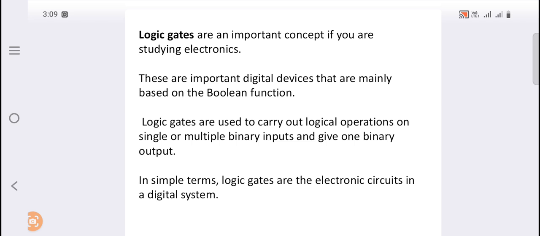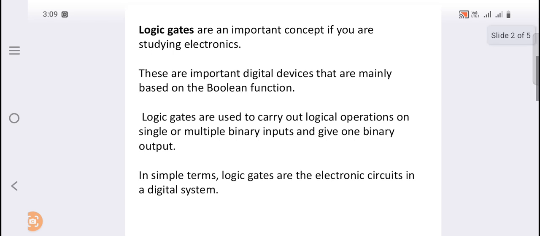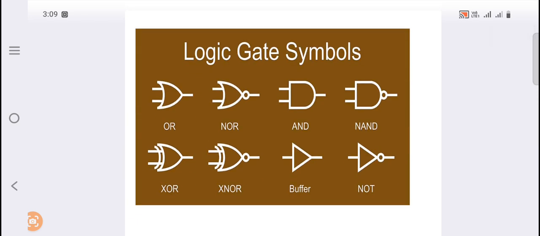There are basically 7 main types of logic gates that are used to perform various logical operations in digital systems.